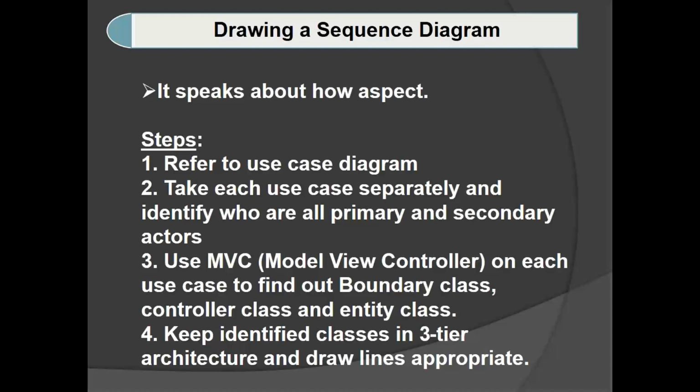Lifeline explains the life of an object and it is represented by dotted lines. I am going to show all those. The second one is camel casing. Camel casing is a notation to depict the method.